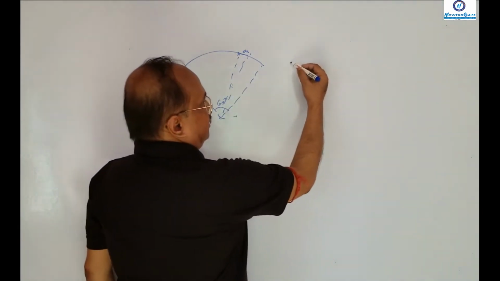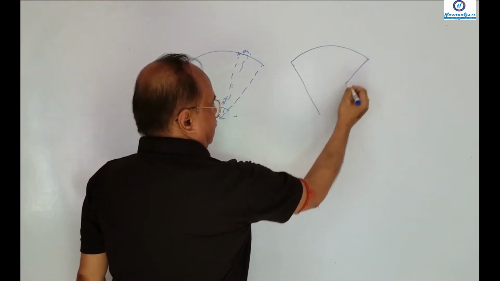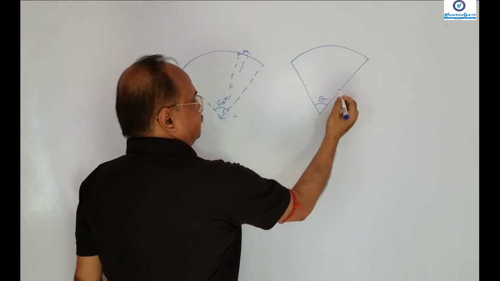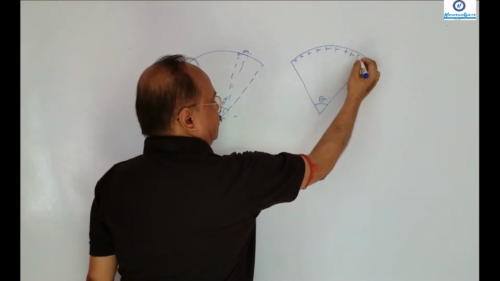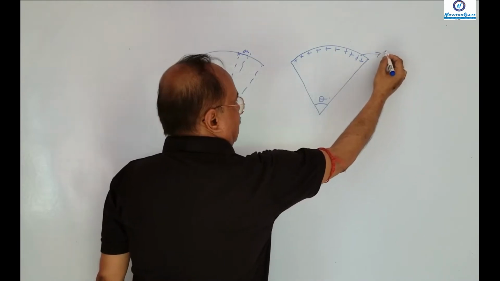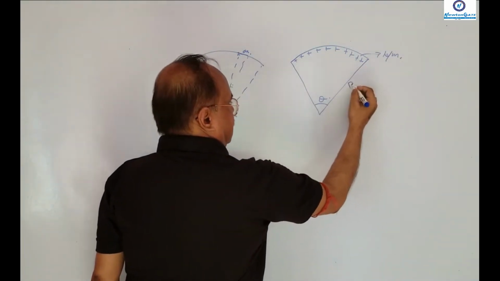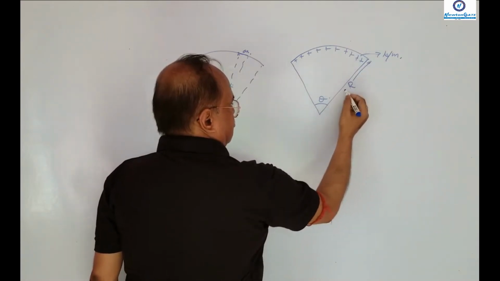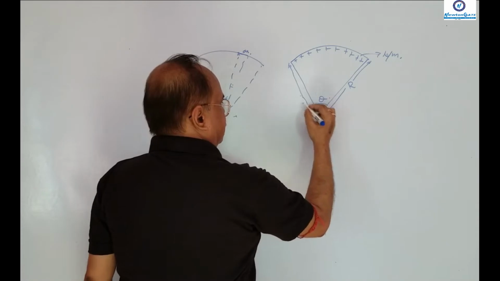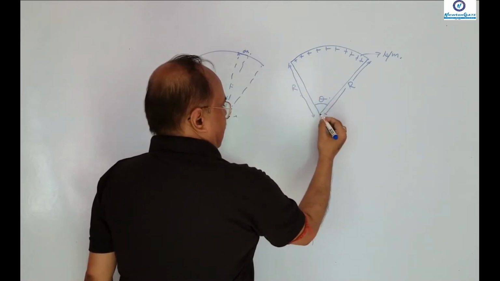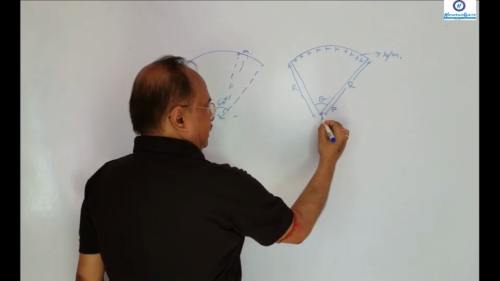So for that we have a ready formula for an arc. Remember that if an arc subtends an angle theta, and this is a linear charge density of lambda coulomb per meter, and this is the radius r, the electric field at this point P will be directed this way.